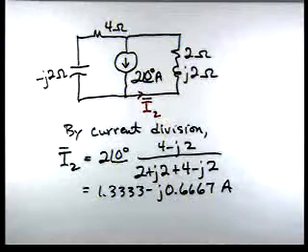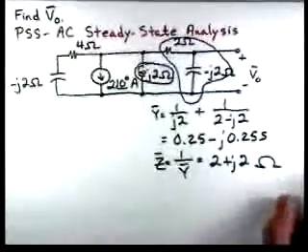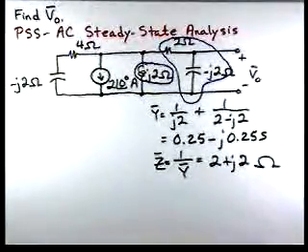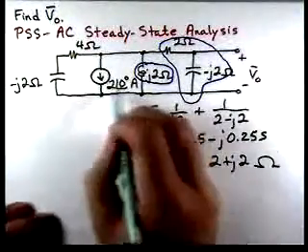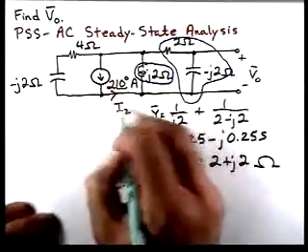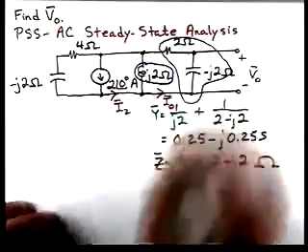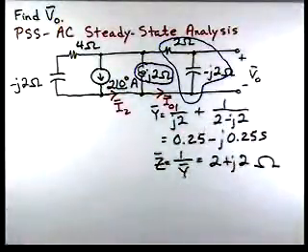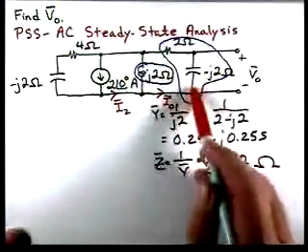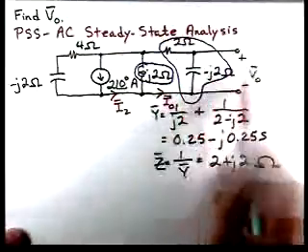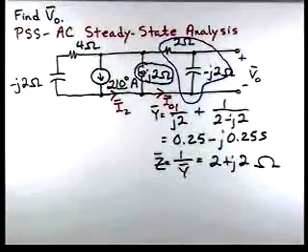Now let's back up to our previous circuit, and if we look, we've calculated this current I2. What we really need is this current I'll call I0, because if I have that current, then I can calculate that voltage. So let's do current division again.